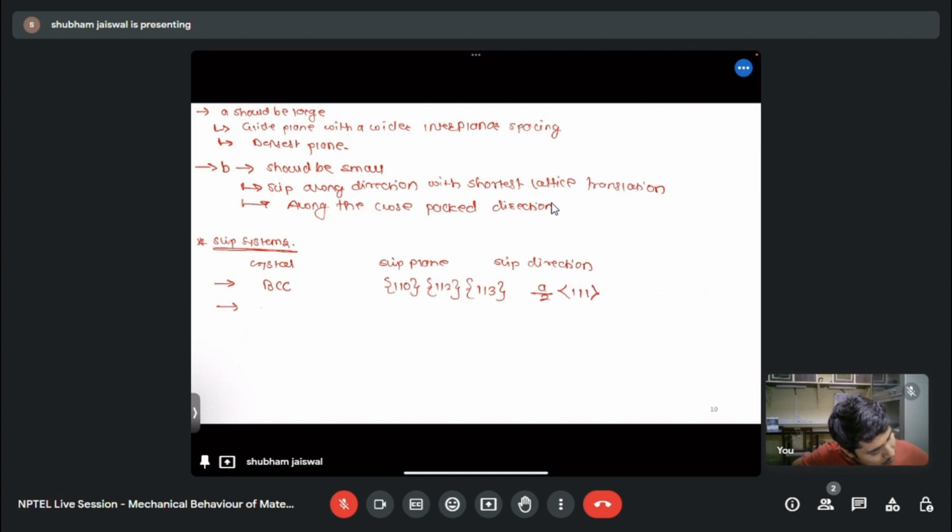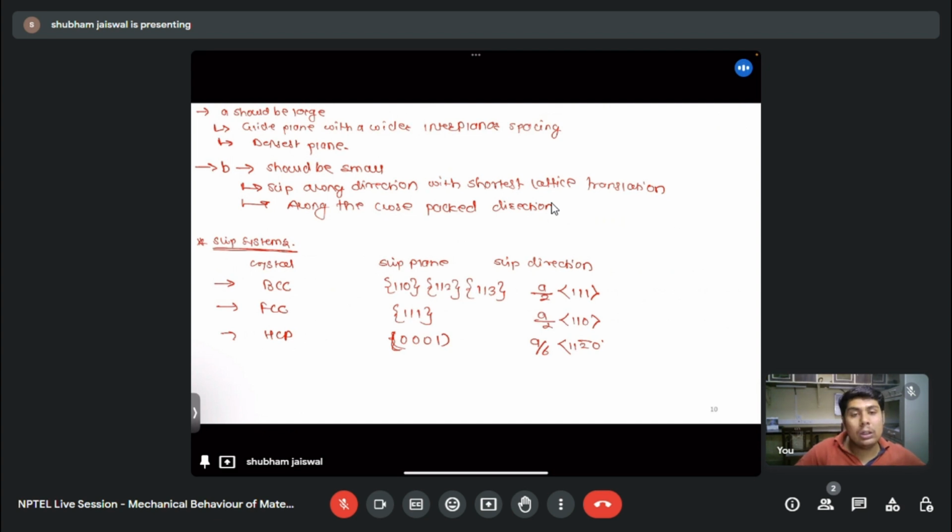Whereas for FCC, the slip plane is 111 and the slip direction is along 110 direction. And for the HCP, we have the slip plane 0001, that is the basal plane, and the slip direction is along a by 3 of 11-20.